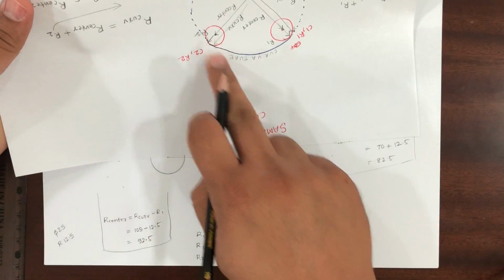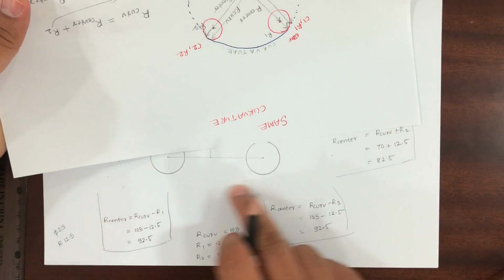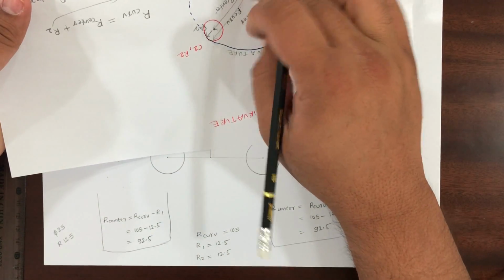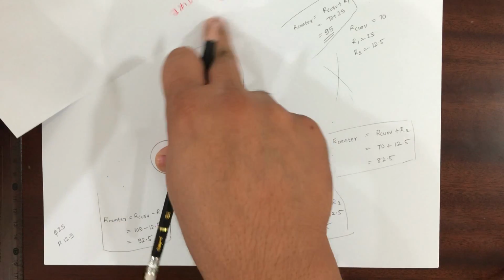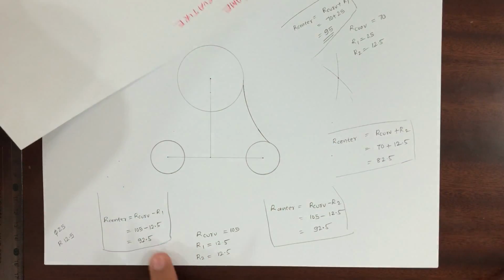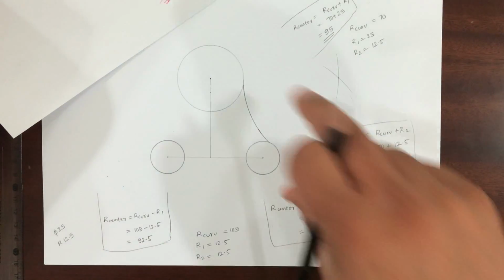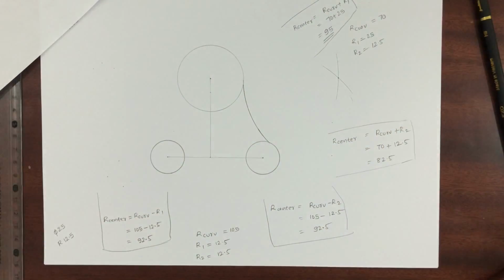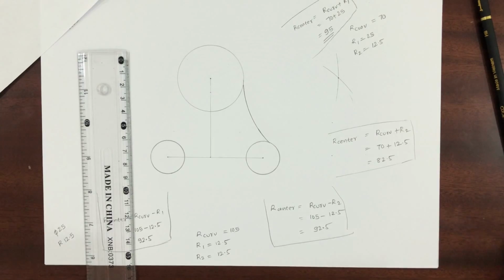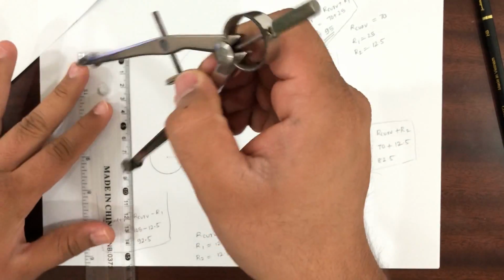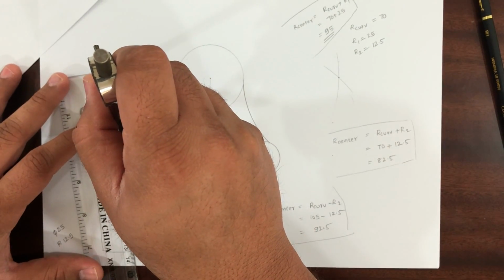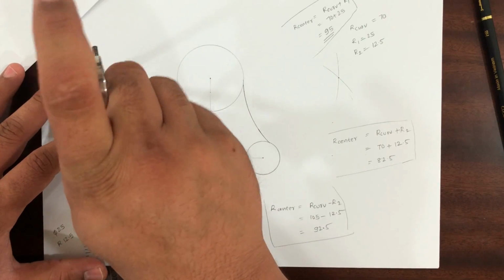So now you want a curvature like this. Okay, the center will be which side? Upside. So we have to make the arcs here, upside, somewhere here, with radius 92.5 on both sides. Here also 92.5. So adjust the compass to 92.5.